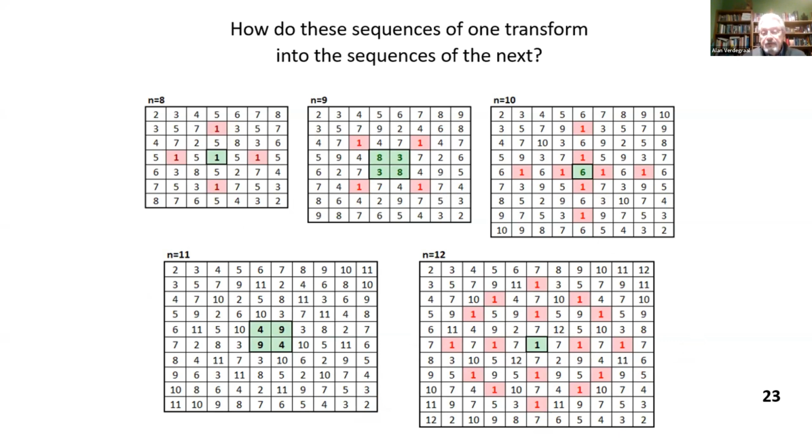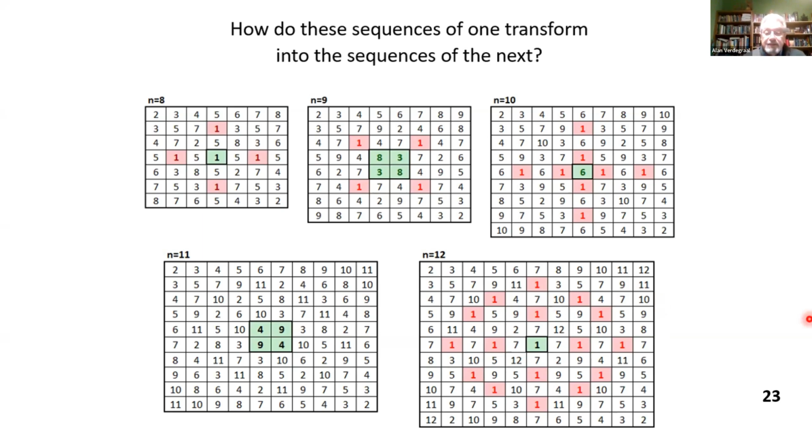The paper shows how this is done. It defines rules for converting from one to the next, or from the current back to the previous set of sequences. Remember, these are all sequences, and so the paper examines a particular row and looks at how it converts to the row of the next number.